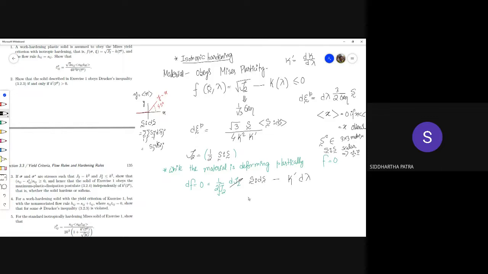Now, why do I need this expression? Because if you look at this expression right here, it doesn't have a d lambda. So you need to substitute for d lambda, and this is what the expression of d lambda should be.